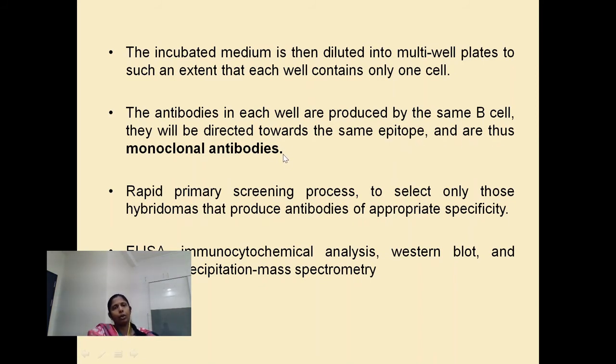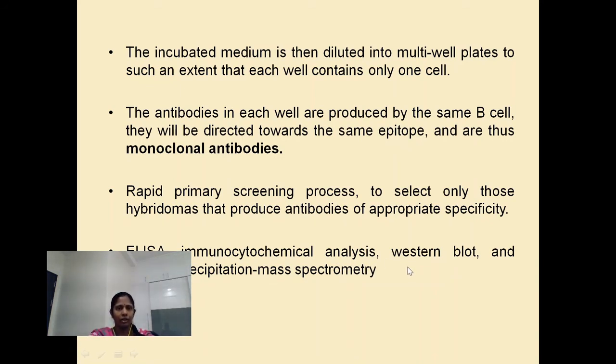These B cell clones are then screened rapidly to select only those hybridomas that produce antibodies of required and appropriate specificity. The techniques that generally are used for screening include ELISA, immunocytochemical analysis, Western blot, and immunoprecipitation mass spectrometry.